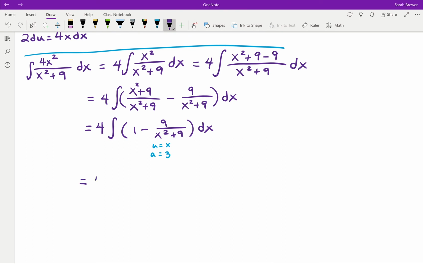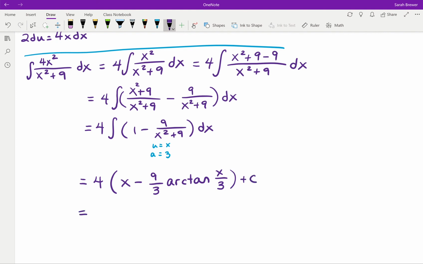So I'm looking at 4 times x minus, what we have here is our constant multiple, but over a, times arctan of x over a, or u over a, in this case x over 3, plus a constant.